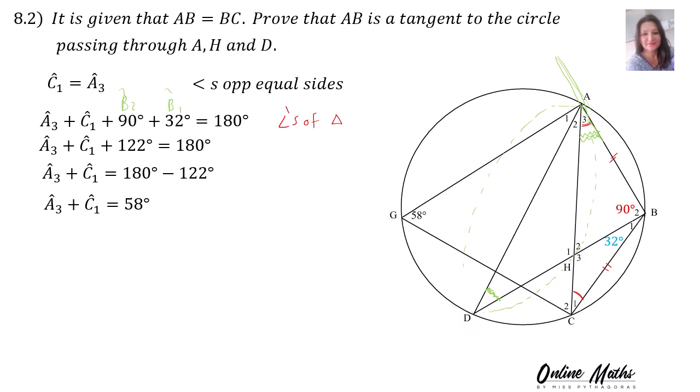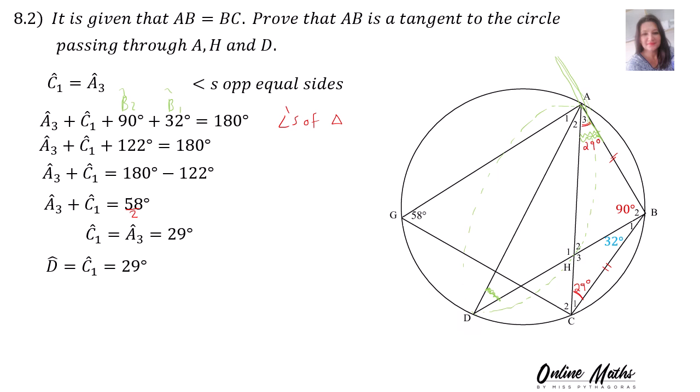But remember, they are equal, so you simply divide by 2, and then you end with angle C1 is 29 degrees, but so is angle A3. It's also 29 degrees. Now we can continue, and we can say that angle D is equal to C1.